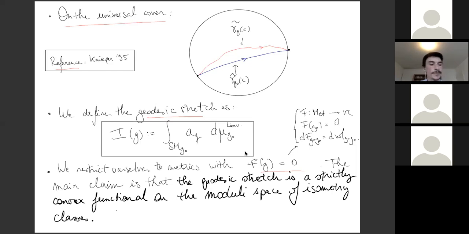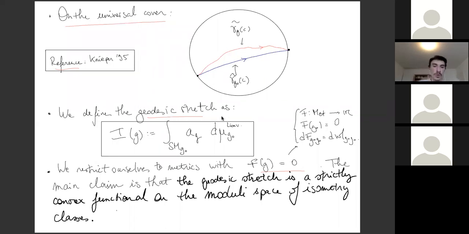Thibault, Graham wants to know if you can define what the Liouville measure is. Oh, the Liouville measure. Yeah, sorry. When you have the unit tangent bundle, there is a canonical measure, the Liouville measure.